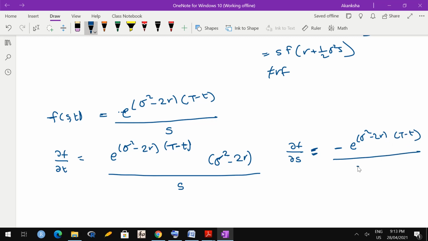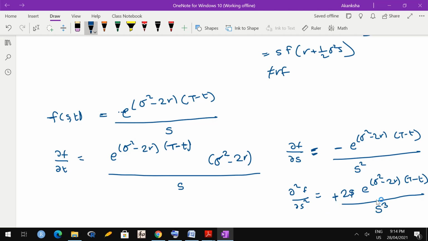and we have S square, right? And then ∂²f/∂S². Here also we will have 2S as a derivative of S square in the numerator, the minus sign will remain as it is, e raised to (sigma square minus 2r)(T minus t) upon, and now because I have S raised to minus 3, this becomes plus.